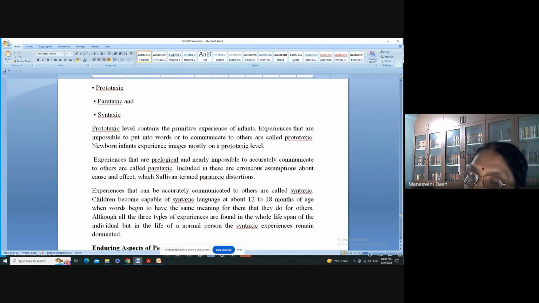Suppose children think they order the clouds and it rains. So it rains because of their orders. This cause and effect relationship is not correct. These are pre-logical, not logically correct. This way of thinking is called parataxic distortion. So children think at the parataxic level.